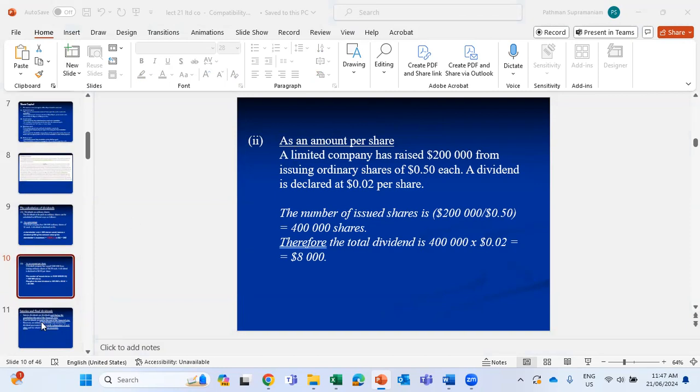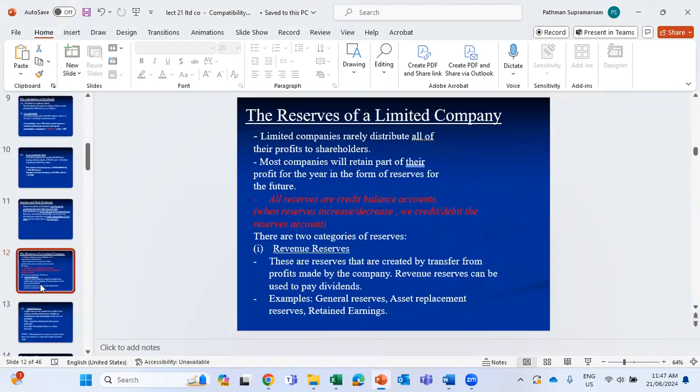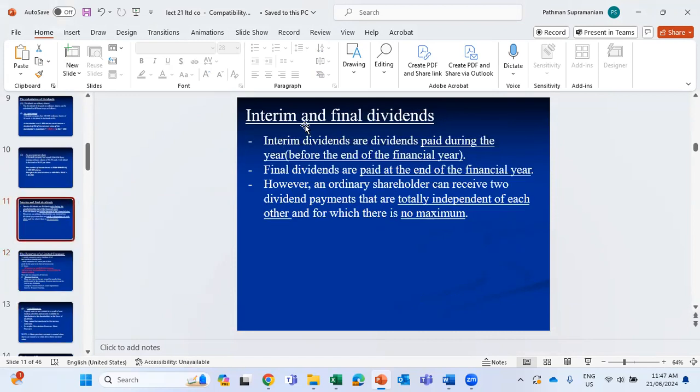I've just talked about dividends. Normally dividends are paid at the end of the year. That means if the company wants to pay dividend, they need to see whether they have enough money to pay dividend or not. Correct or not?